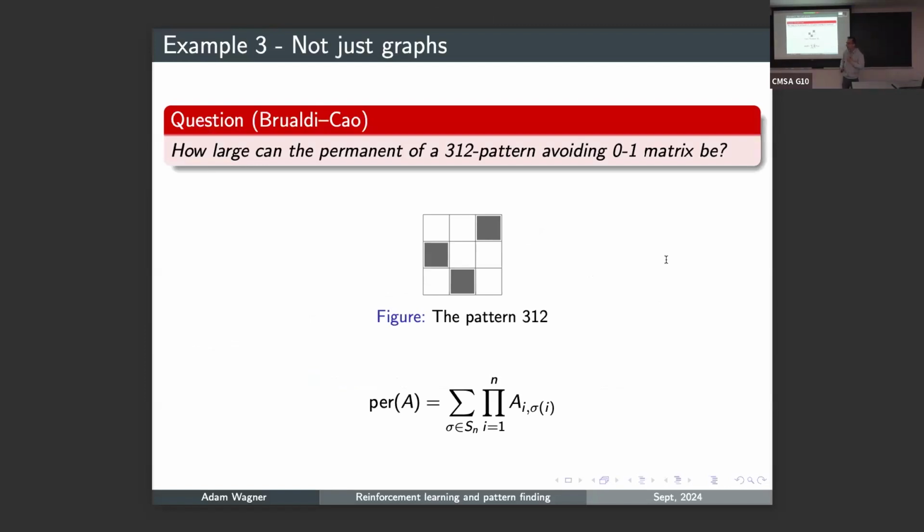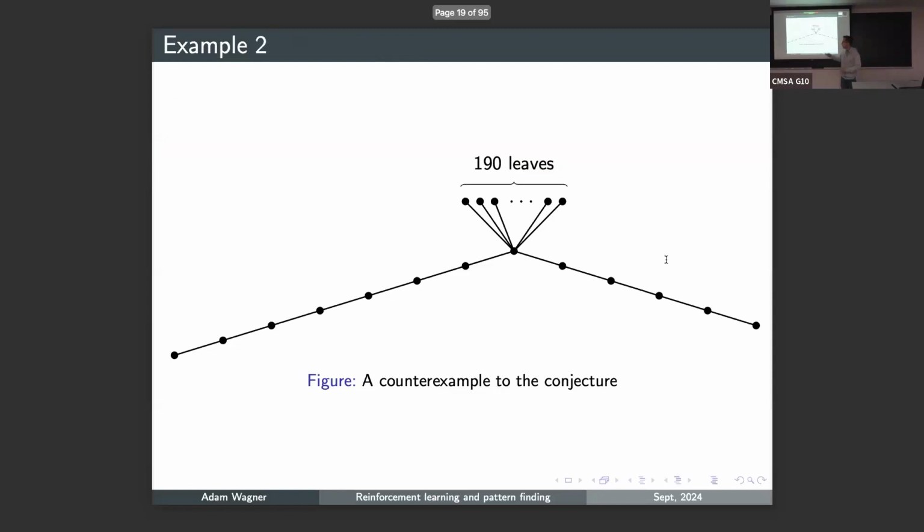I mean, out of your 100, how many fell into this category where it didn't find a counterexample, but it gave you something you could use to make a counterexample?